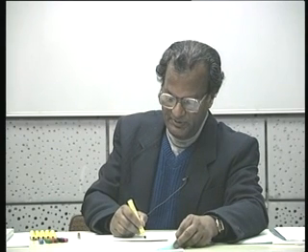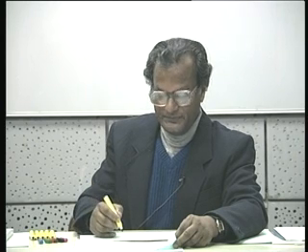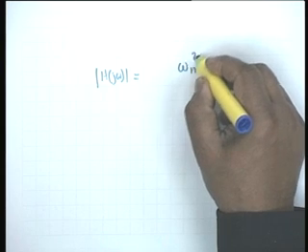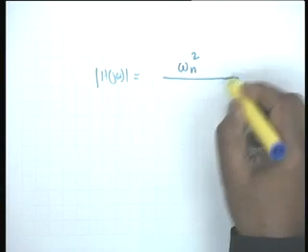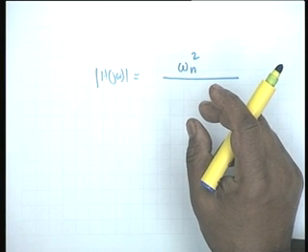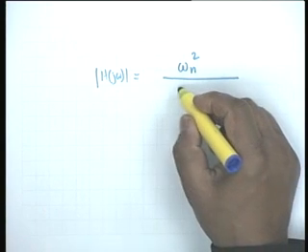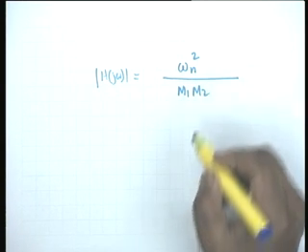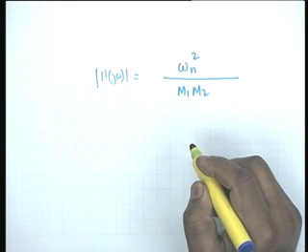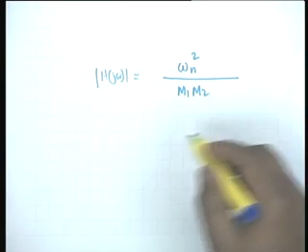You also know that the magnitude at any frequency is given by omega n squared in the numerator, and in the denominator you shall have the magnitudes of the two vectors drawn from the poles to the frequency, that is m1 m2. Is this clear?